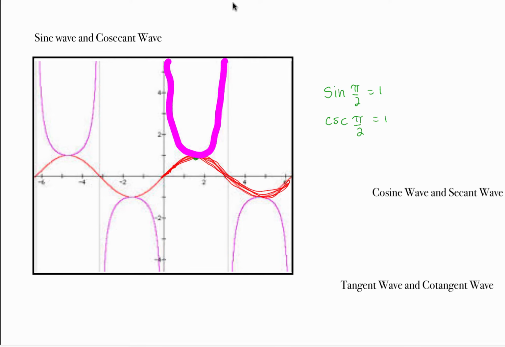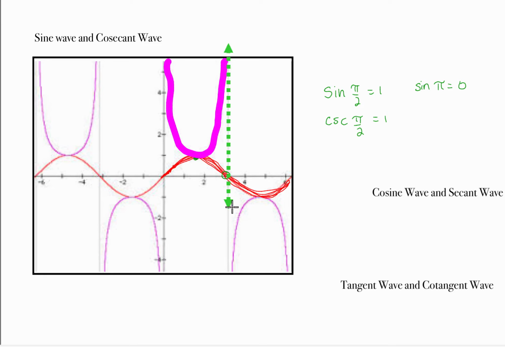Really, the mathematical reason is this. This number right here is so small because we're getting closer and closer to 0, right? Where the sine of pi is 0. Since we're approaching 0 and we're getting into a very, very, very small number, then when we flip a very, very small number, we get a very, very big number. And these are our friends, the asymptotes.